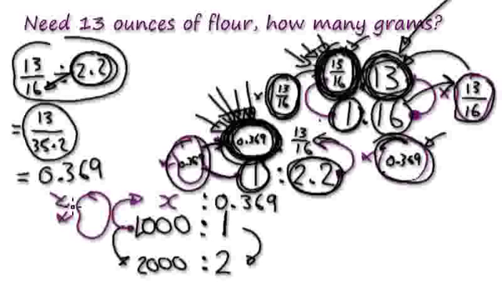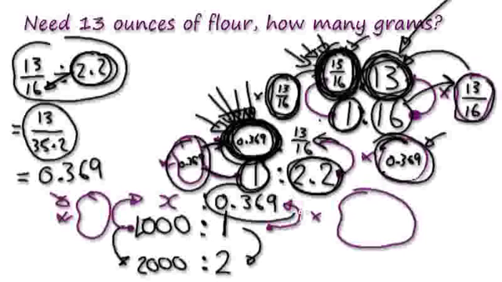To get this magical multiplier, you would start here and then somehow jump into this number here. This multiplier will be the destination, 0.369, divided by the start, the original. 0.369 divided by 1 is just that. So you would start here, and this multiplier is going to be the same as this one over here, 0.369.